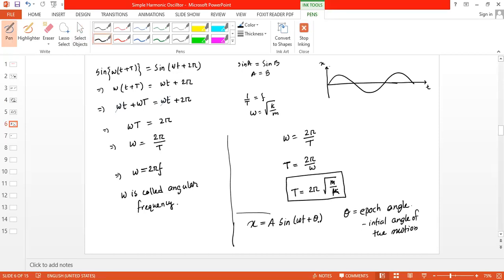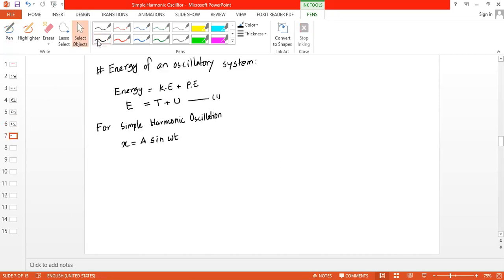So it can be 0, it can be 10, it can be 5 degrees; it just depends on where you are starting. The term omega t plus phi is called the phase angle. Using this equation is more preferable. So let's say the displacement is x equals a sin of omega t plus phi, or theta. This is my displacement.